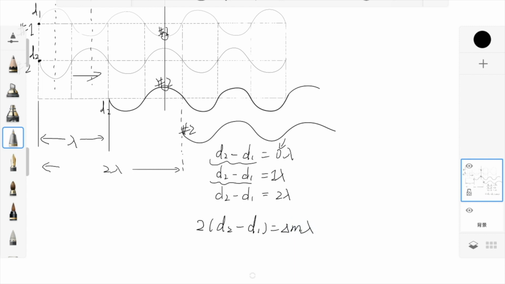But what we get from here doesn't look like that. So where does the 2 come from? The 2 is because we use the movable mirror. I'll draw a small picture here. We have the laser, then a lens, then a beam splitter.